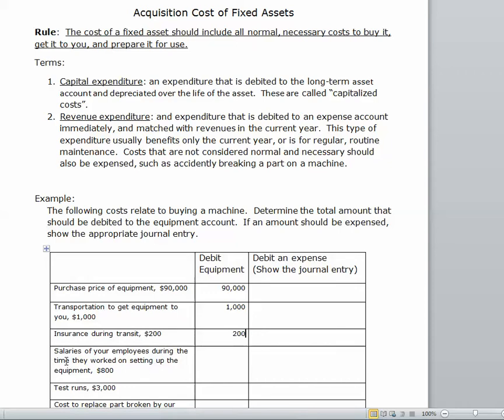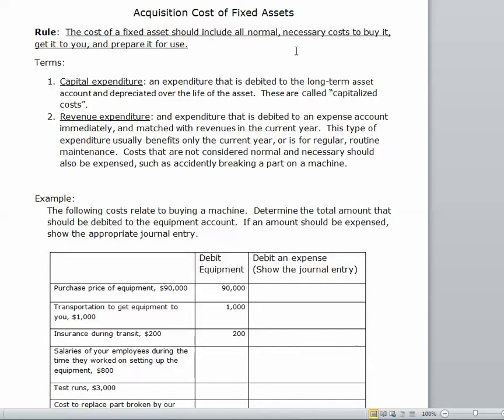All right, now this next one, this is a tough one here. Let's say that when this equipment arrives, we need to have some of our own employees helping to set up this piece of equipment. Got to get it in the door, bolt it down on a new foundation we've built for it, whatever. And it might take several hours or a couple days even to do that. Usually salaries would go into a salaries expense account. But the time that these employees spent working on the equipment is a little different.